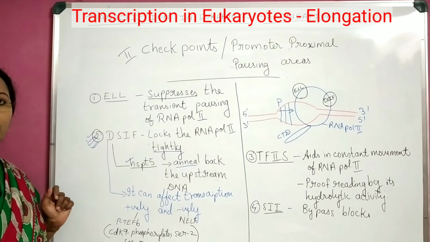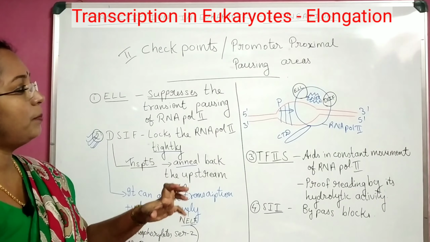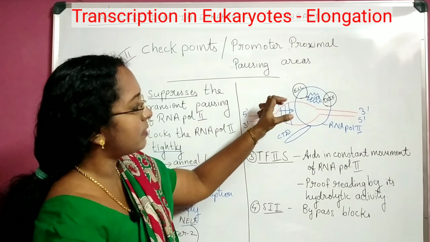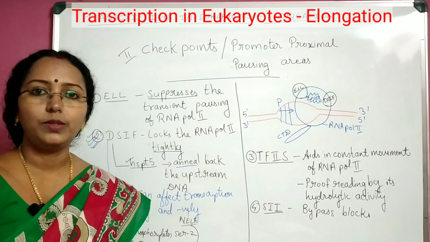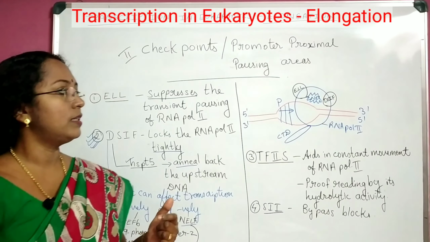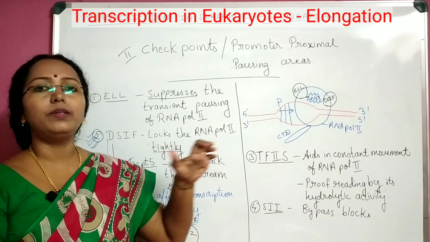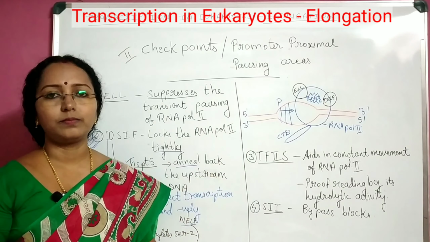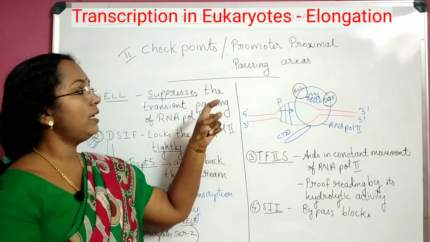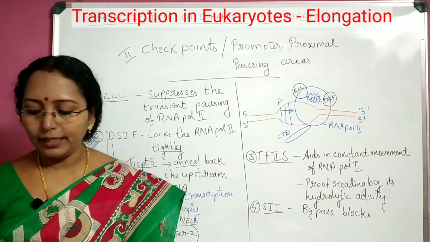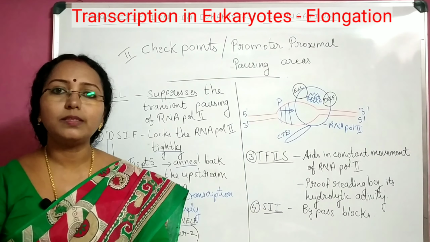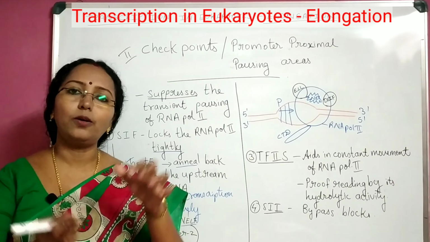This is NELF, I am just writing here NE. Imagine this NELF has come and bound itself to RNA polymerase II. Since it's a negative regulator, RNA polymerase cannot move forward. So if NELF is binding to DSIF, then there is a negative regulation. That means elongation stops there.